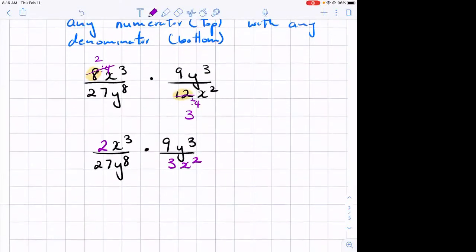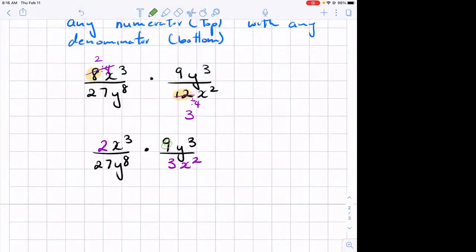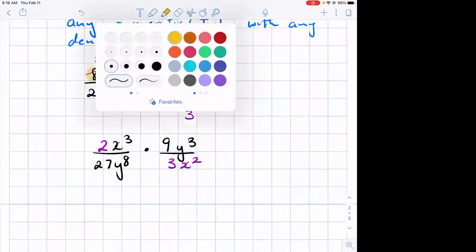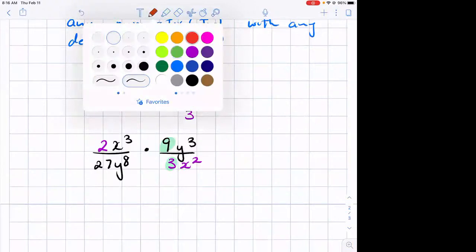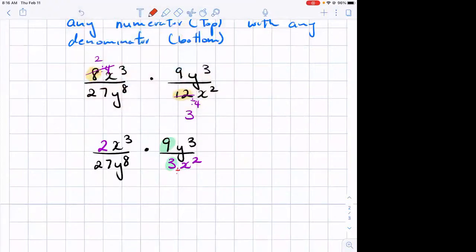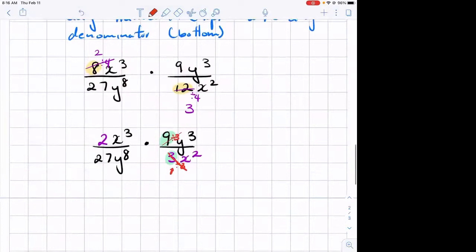Okay. Now, if you pay attention again, I can simplify this 9 and this 3 because it's a top and a bottom. I can divide both terms by 3. If I divide this by 3 and this by 3, this becomes a 1 and this becomes a 3.